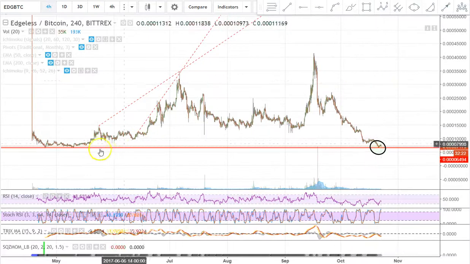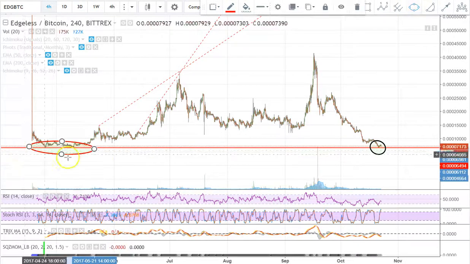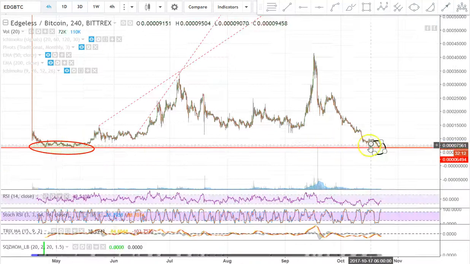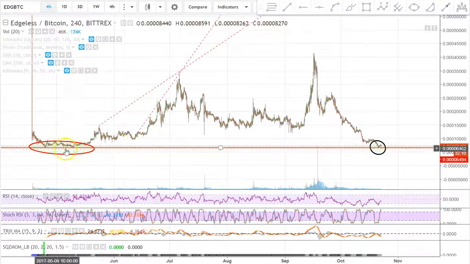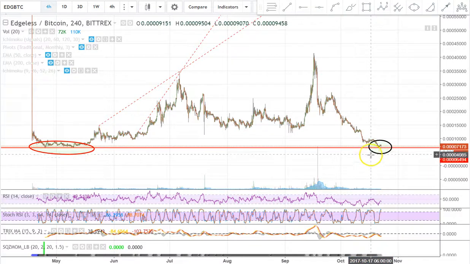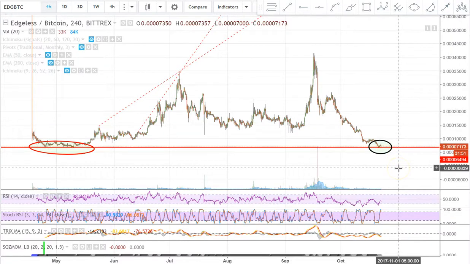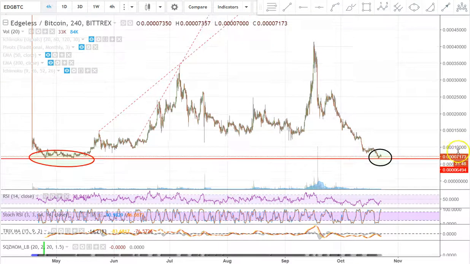So you look at this red line here, you can see that there's support here, and the price right now is hovering above the support line. So this is a trading setup. You can buy here, and then if it goes below this red line, you sell. That is called risk management.